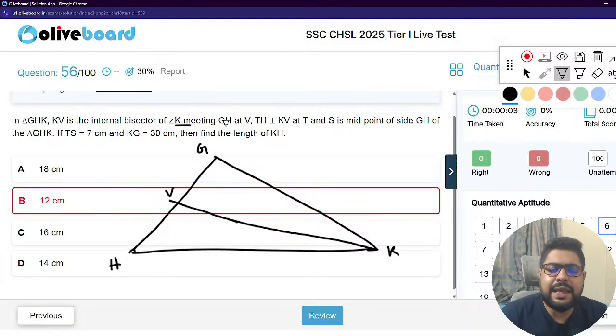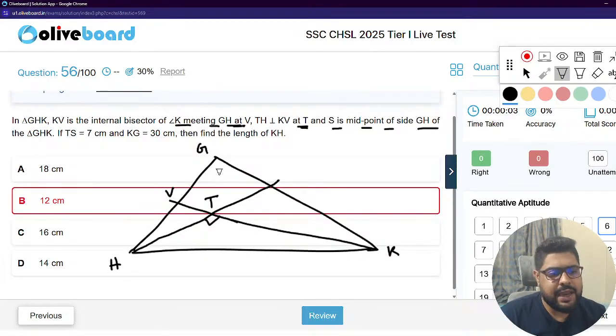Angle K's bisector meets GH at V. TH is perpendicular to KV, so TH is this, perpendicular to KV at T. S is the midpoint of the side GH, so the midpoint of side GH is S.